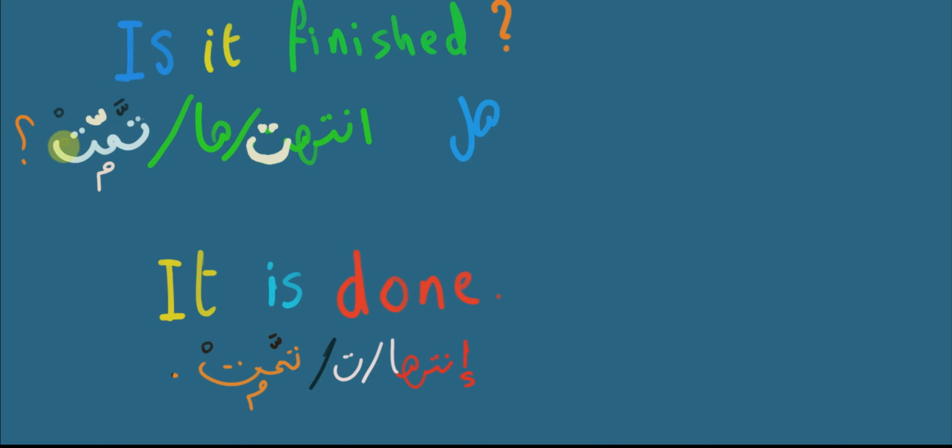If it's masculine, you say تم without this ta. This ta here is called the feminizing ta. So you say تم or تمت, and it means the same thing as انتهى or finished.